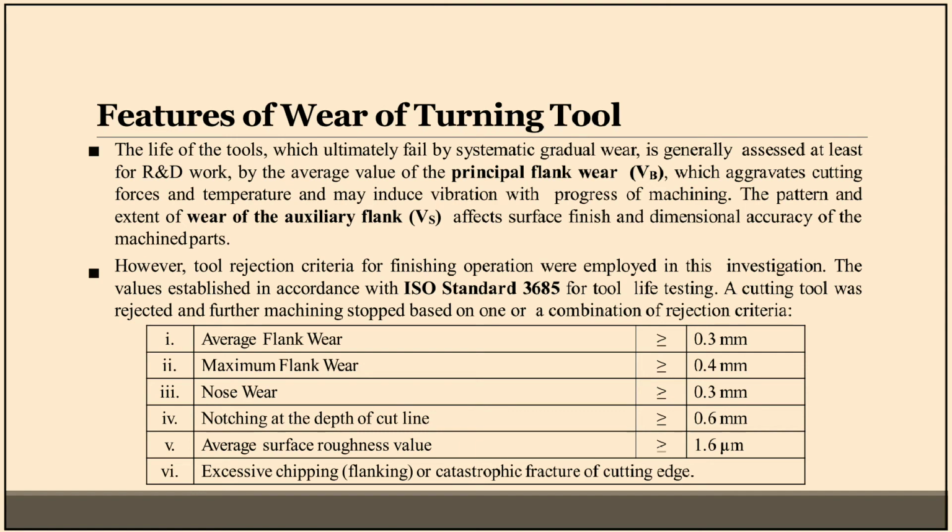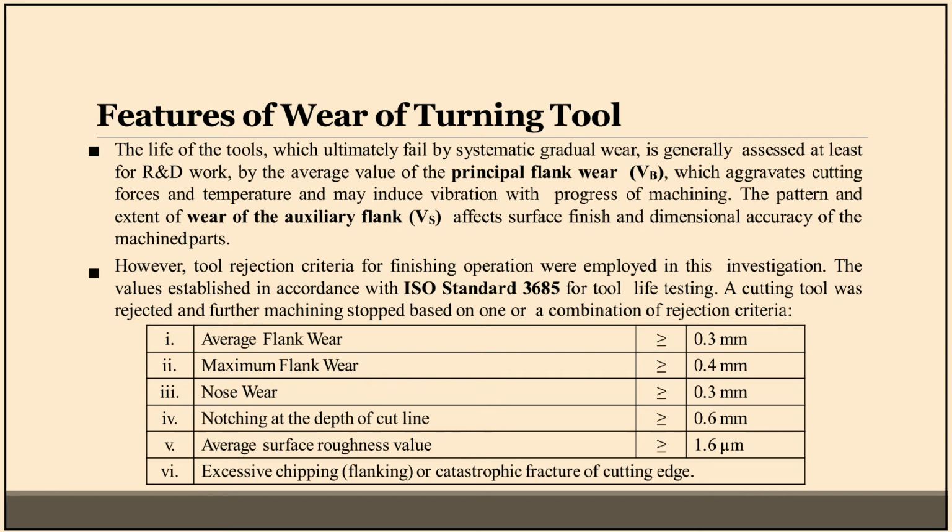The values are established in accordance with ISO standard 3685 for tool life testing. A cutting tool was rejected and further machining stopped based on one or a combination of rejection criteria. First one is average flank wear greater than or equal to 0.3 mm. Second one, maximum flank wear greater than or equal to 0.4 mm.